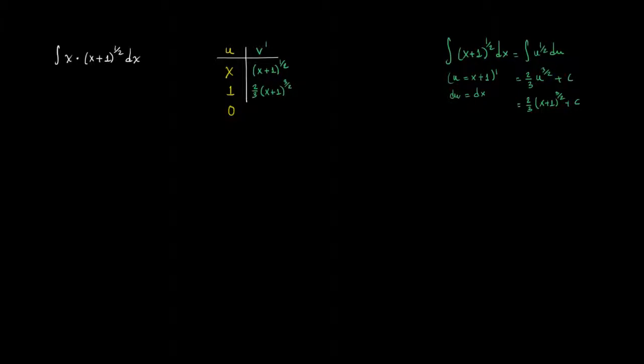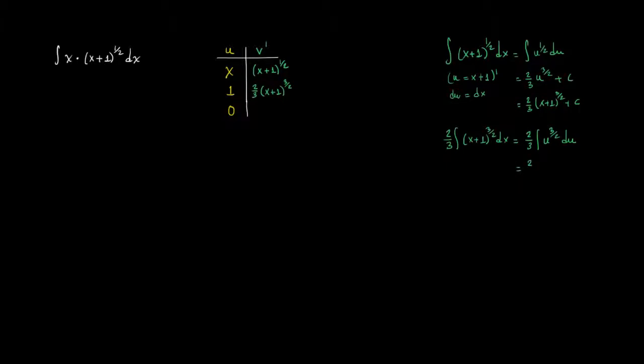Now I have to antiderive this term again. I'm just going to move this line a bit. I guess that's the best I can do. Now I'm going to antiderive this whole term, but I'm going to put the 2 over 3 outside of the integral right away, so it's going to multiply the result. You can see it's a very similar process to what we did a moment ago. We pick the same u as in the previous case, so it looks like this: u to the 3 over 2 du.